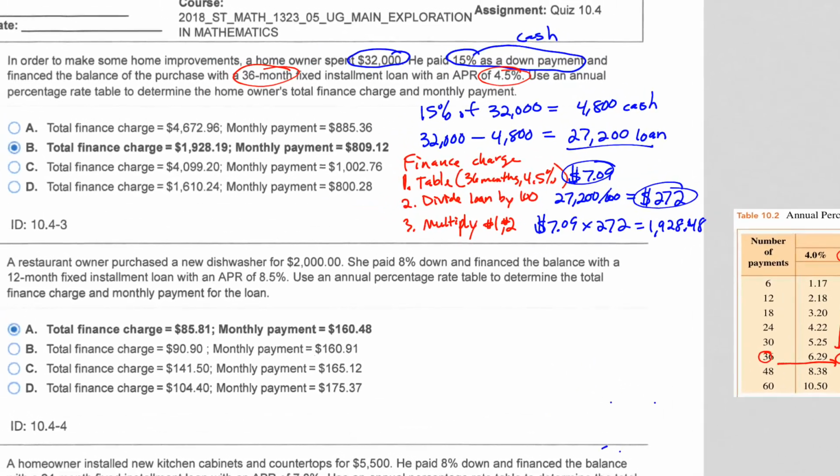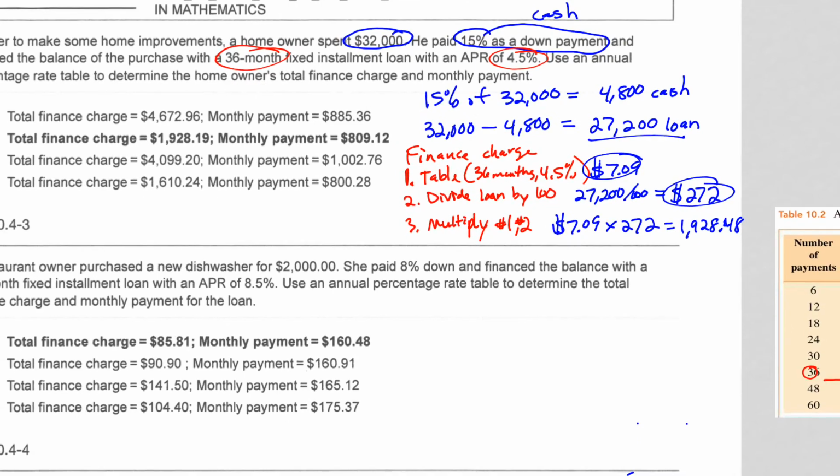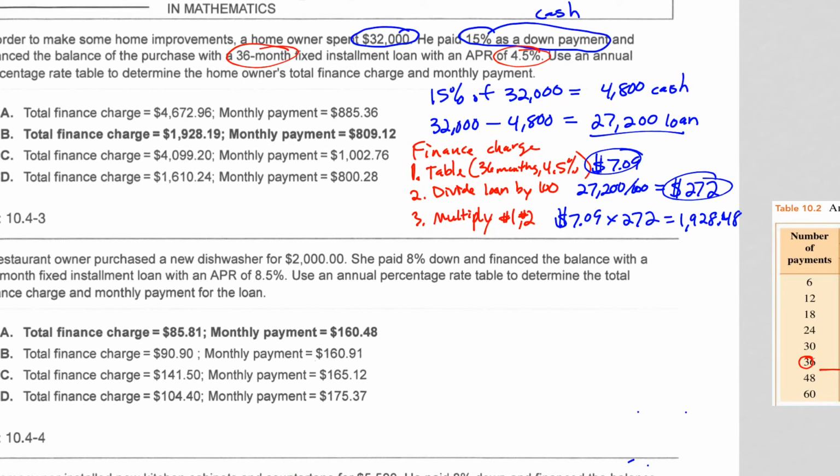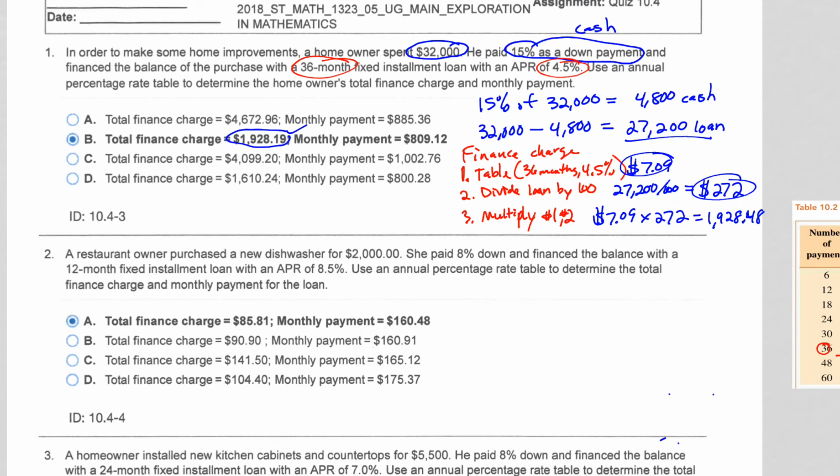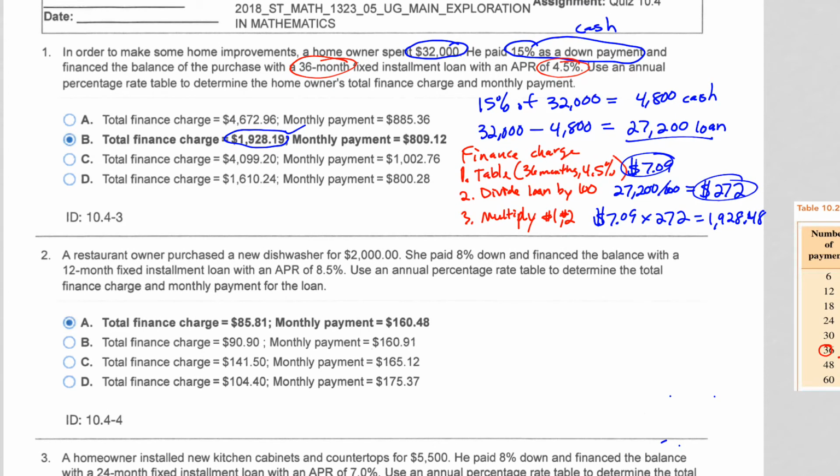So I really couldn't understand why I'm off so much on my calculation, but we can see that the answer is right there. That's the closest one. We're off a little bit, okay? Now, when I do the second step, it definitely gets closer to the monthly payment.